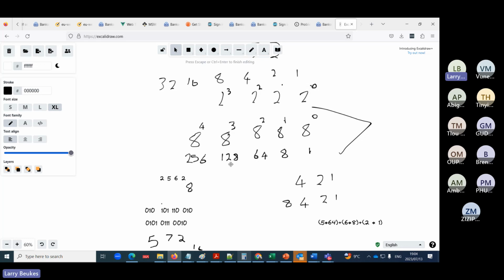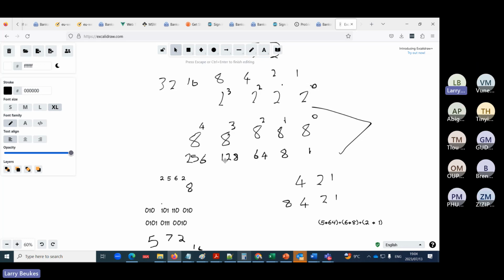Great stuff. Then the last one, 2 multiplied by 128.